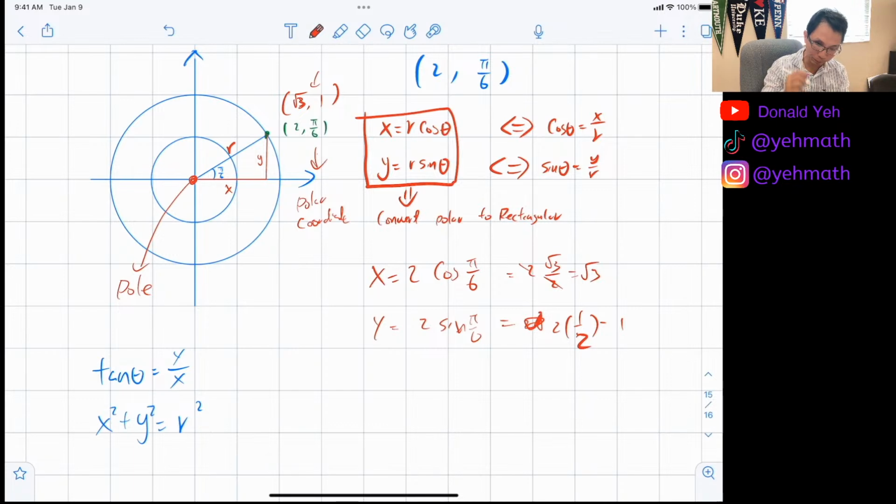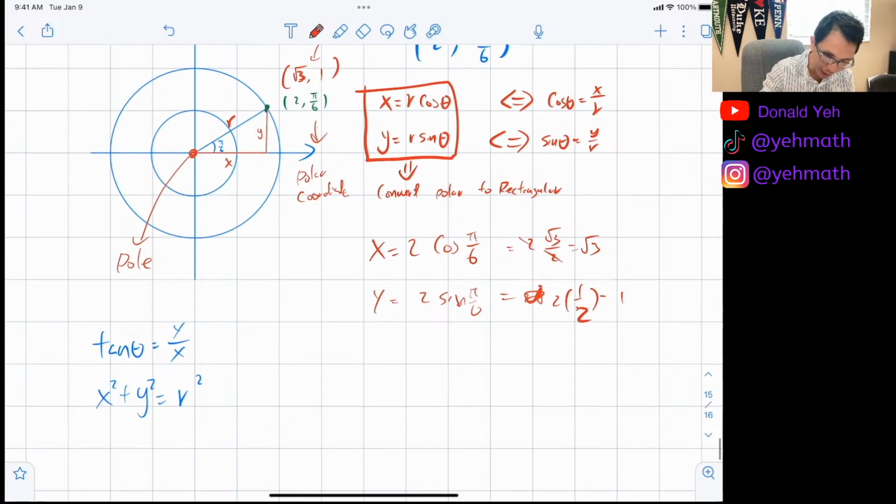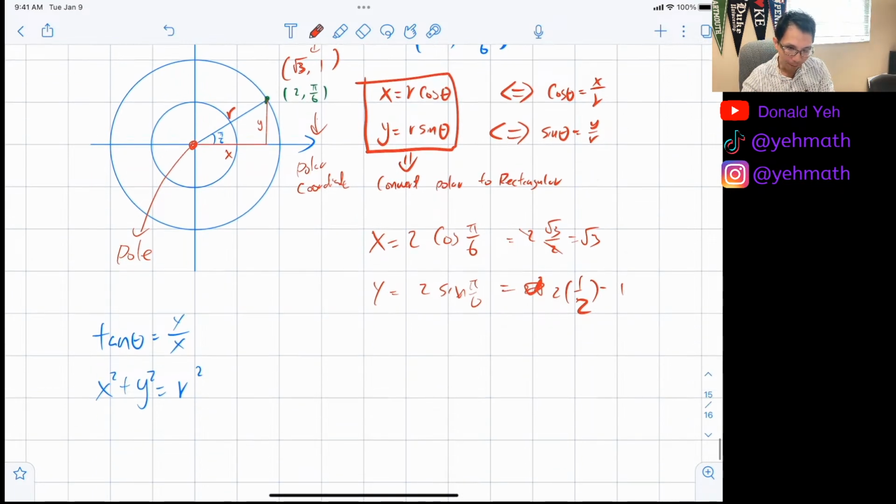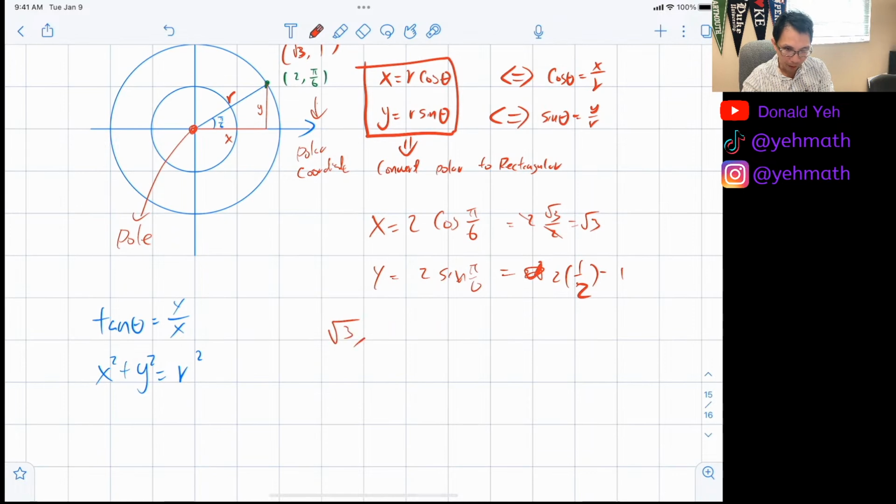All right, so you guys understand this? So now I'm gonna say, hey, let's convert this back. We have square root 3, comma, 1. How do I change to polar?